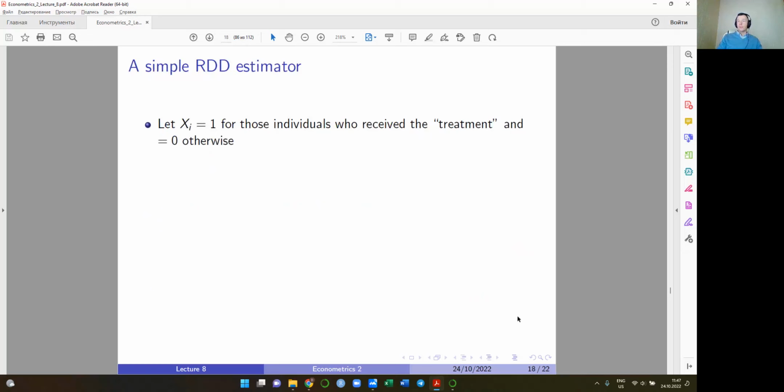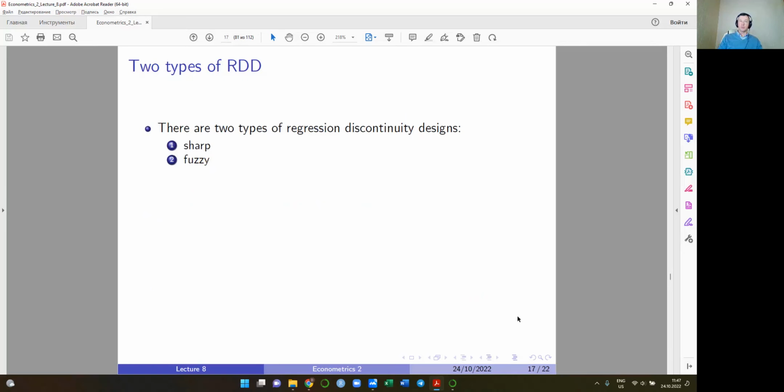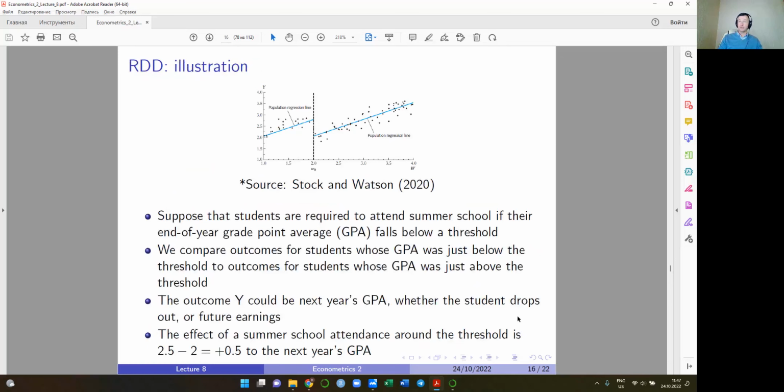So how should we estimate the effect of regression discontinuity? You see that it is not that simple because we are not going to compute the full sample average for the treated and control group. So the first and most important thing is to set a window around the threshold.